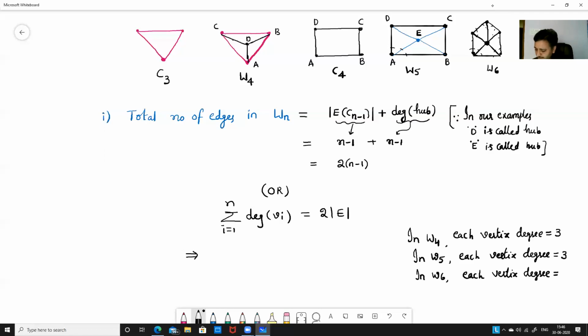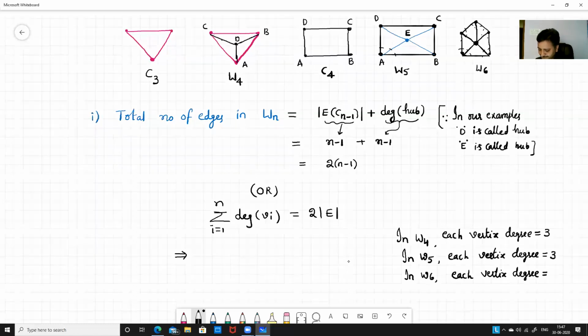Therefore, in W4, each vertex degree is equal to 3, where the hub degree is n minus 1, that is 3 only. In W5, each vertex degree is equal to 3, but the hub degree is equal to 4, which is n minus 1. Okay, we want to include that point also.